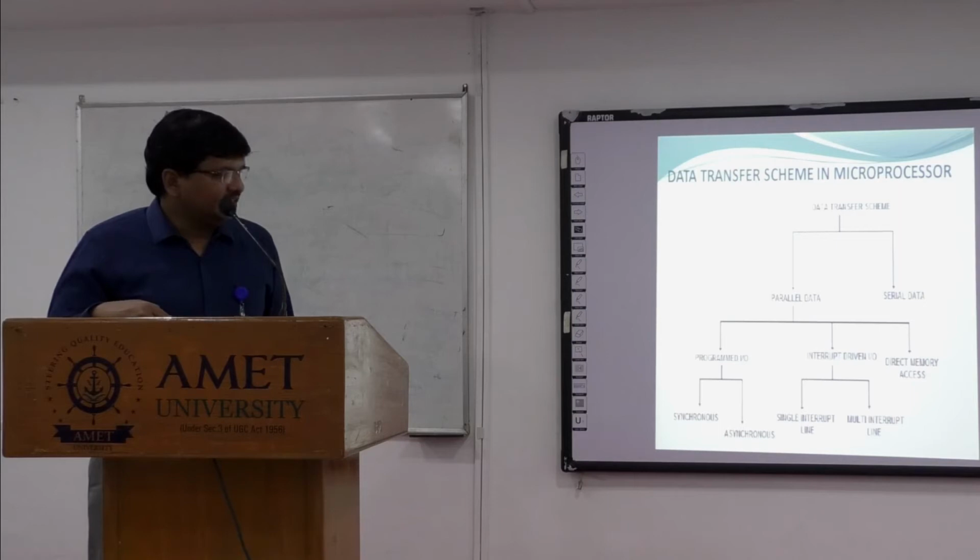The next category is interrupt-driven input-output. What is an interrupt? An interrupt is nothing but a signal for an event that has to occur. During the starting of the event, the interrupt signal will be enabled to the microprocessor system.